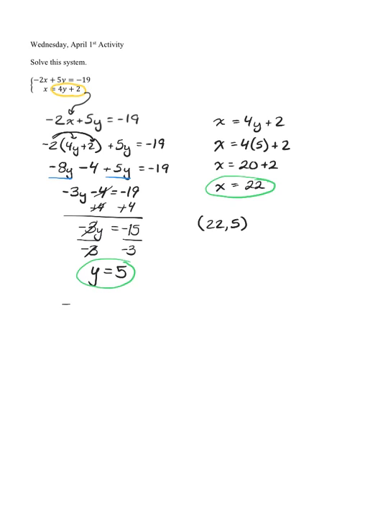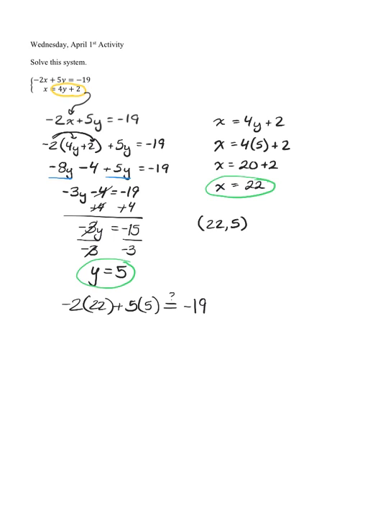So I've got negative 2 times x, which is 22, plus 5 times y, which is 5. And I think that equals negative 19.